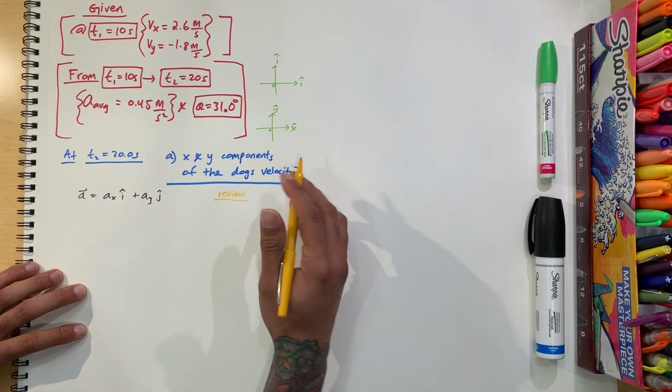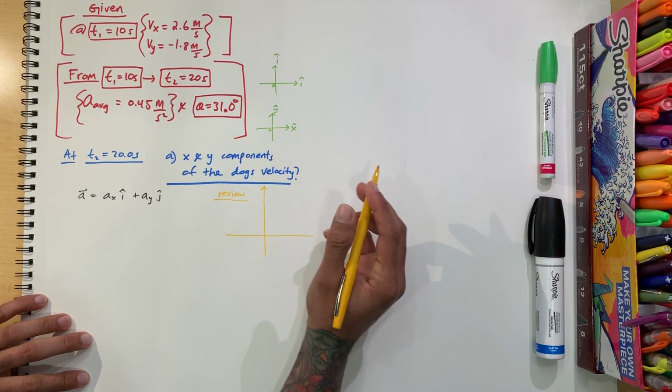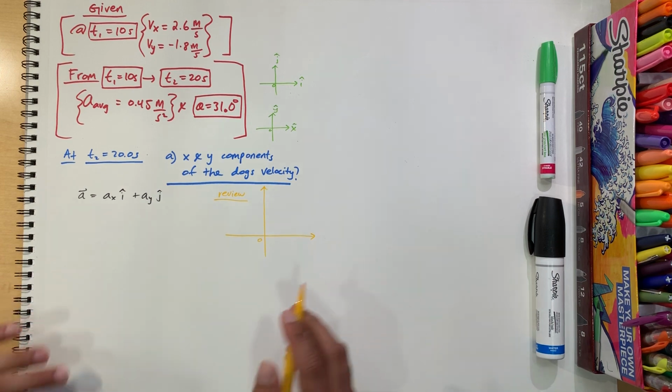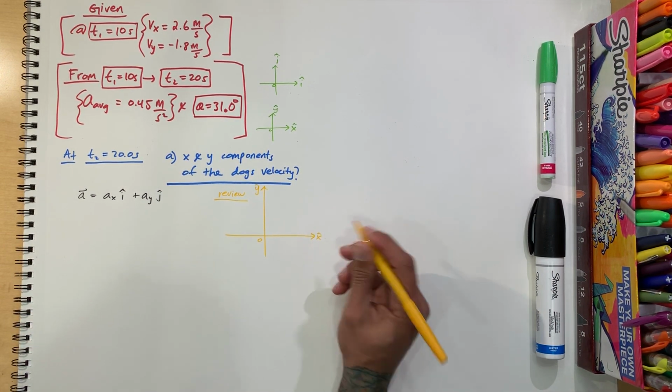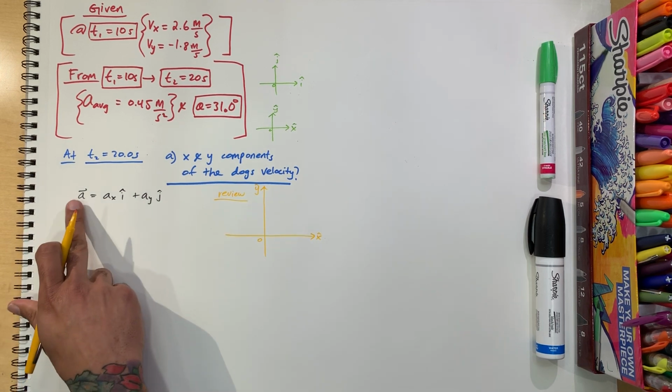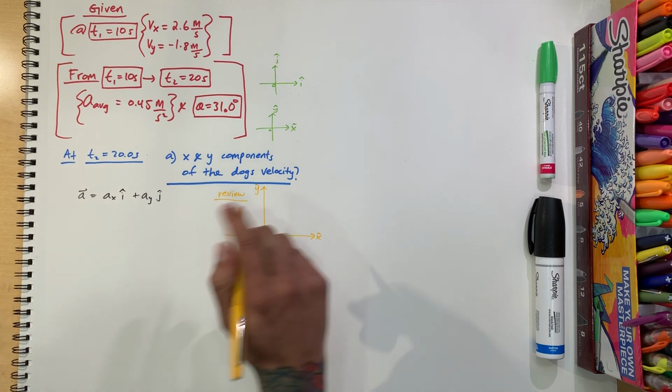The way we do that is, let's do a review real quick. This is y hat, this is x hat, and we have the average acceleration.